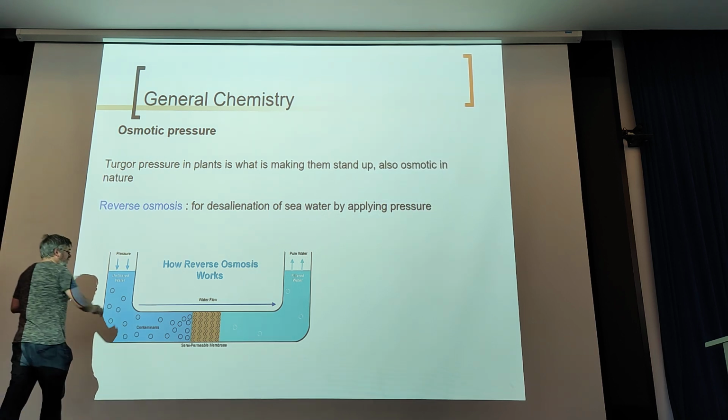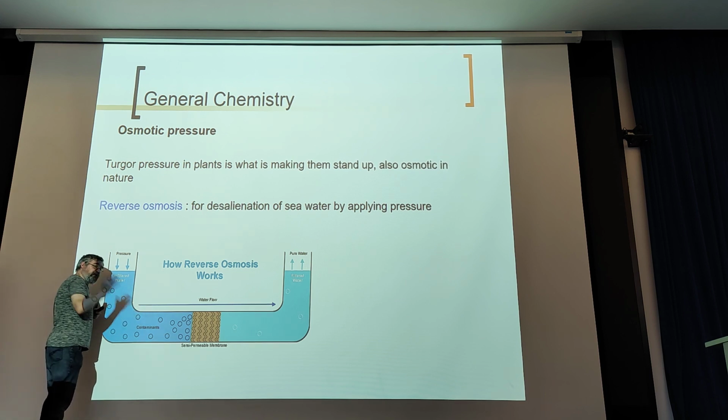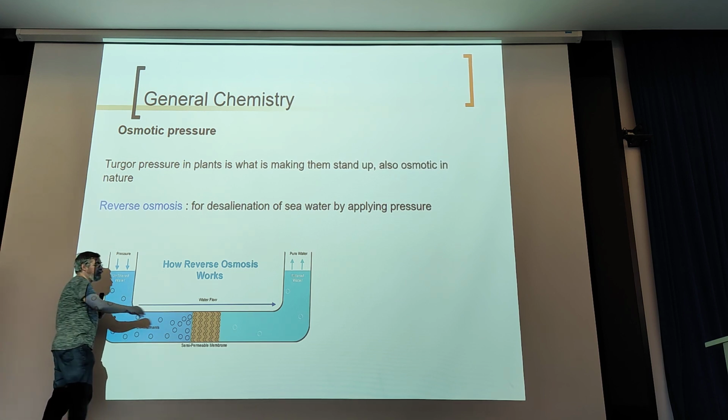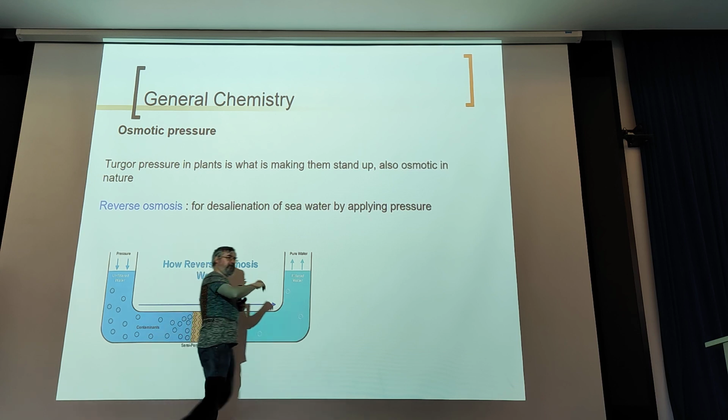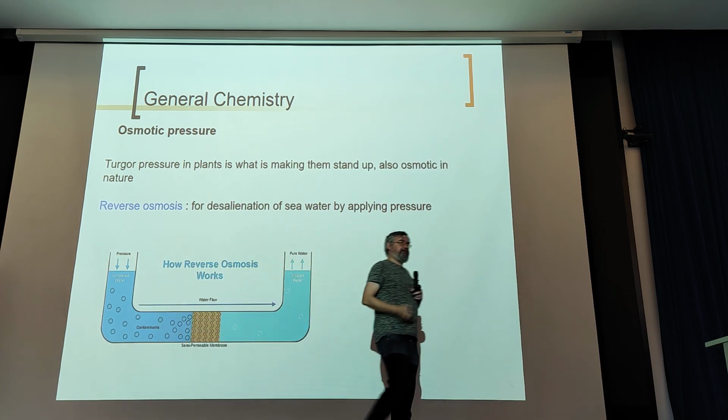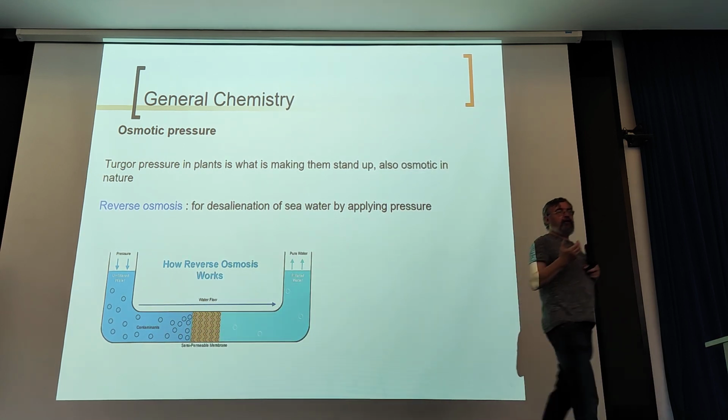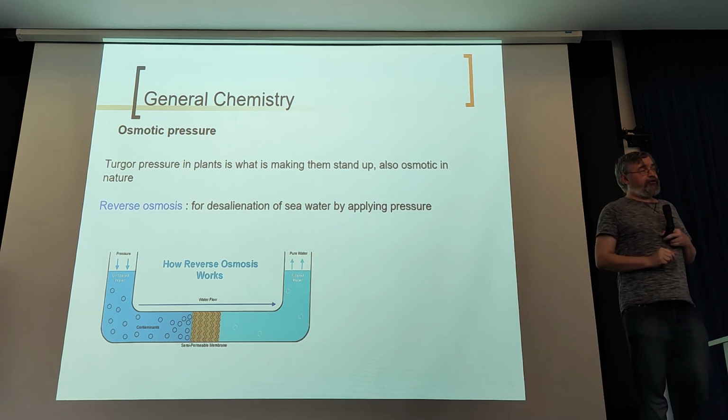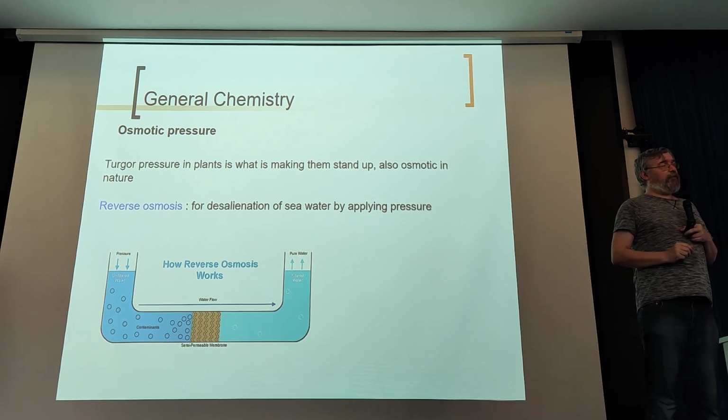Afterwards you get a more concentrated salt solution. We can put it back into the sea, and you get water which contains almost no salt. This is water that we can drink, or they can use for agriculture and so on.